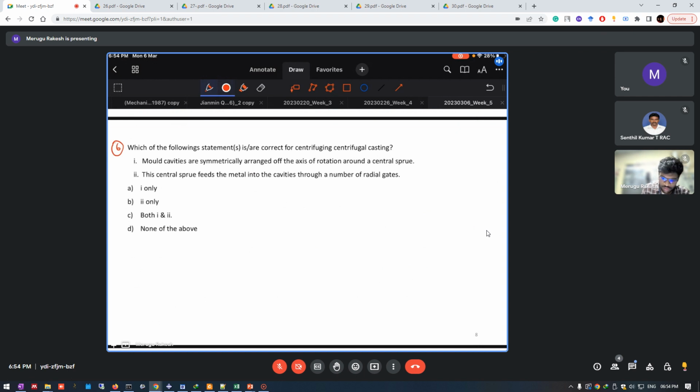Okay, so this is regarding centrifuging casting. As we saw earlier, there will be a number of castings with the central screw. Okay.